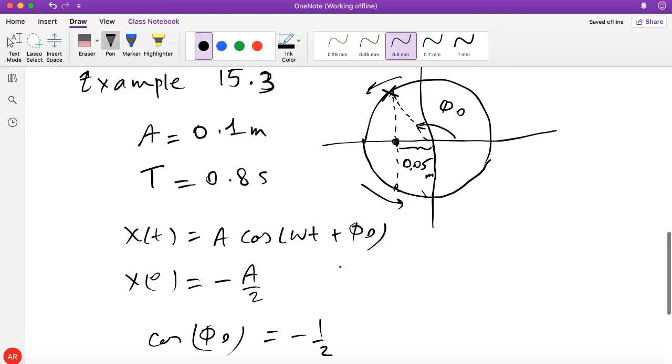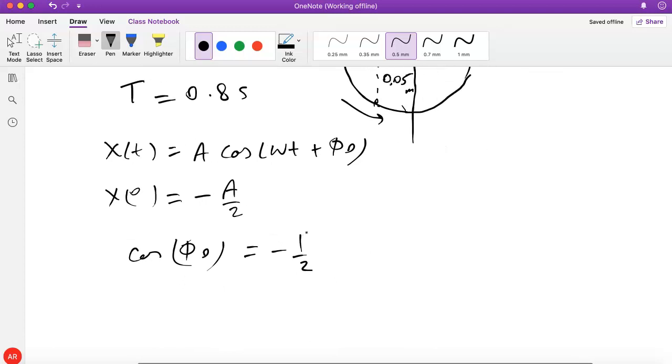And then my angle would be, so here I want to have 60 degrees basically, right? So that means that phi naught is 180 minus 60, right? So if this is 60 here, that's going to be 120 degrees, which is 2 pi over 3.